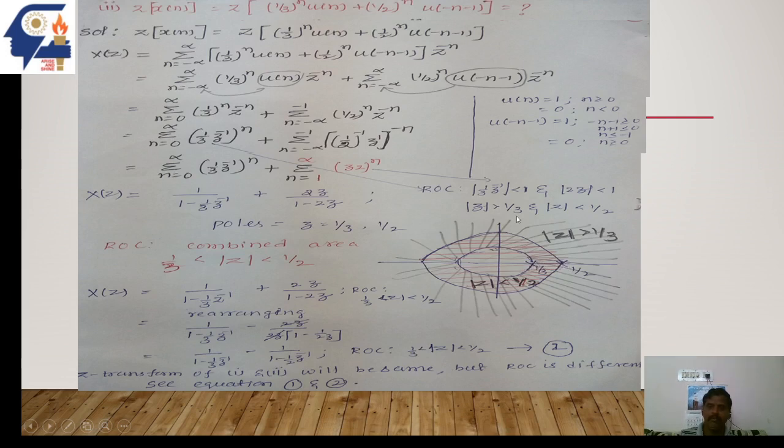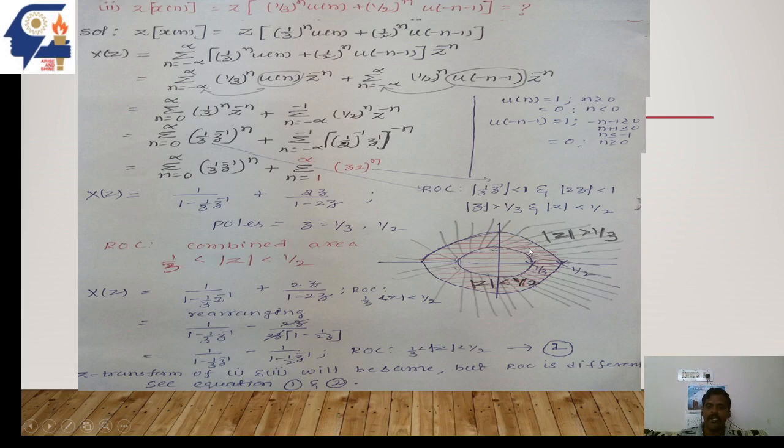Mod z greater than 1/3 means take a circle with radius 1/3. Mod z less than 1/2 means take a circle with radius 1/2. Mod z greater than 1/3 means exterior to the circle of radius 1/3, and mod z less than 1/2 means interior, inside the circle of radius 1/2.